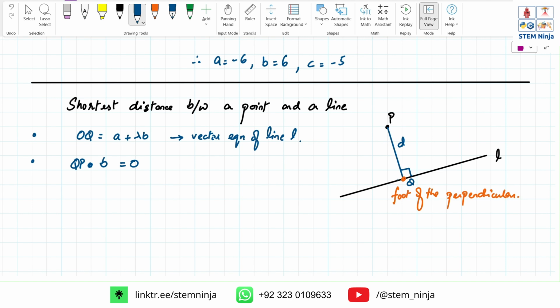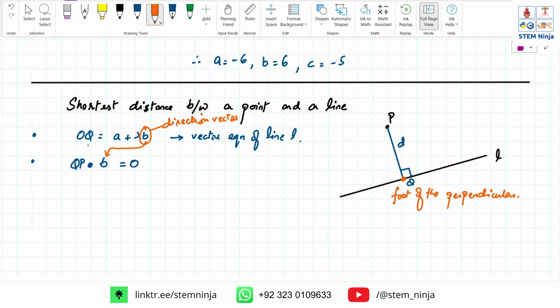So QP is perpendicular to the line L, and we just need the direction vector for this purpose. When we were finding the angle between the lines, we also simply used the direction vector.